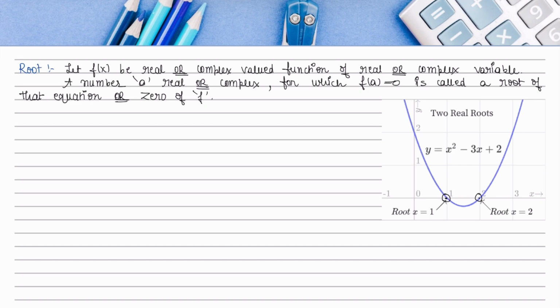Moving on to the next definition, which is the intermediate value property.